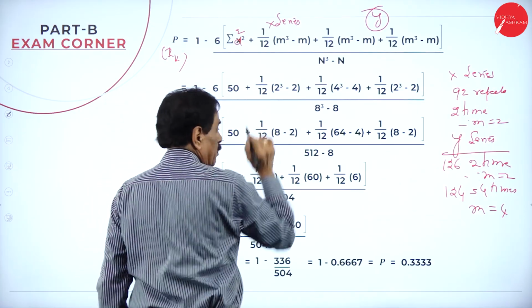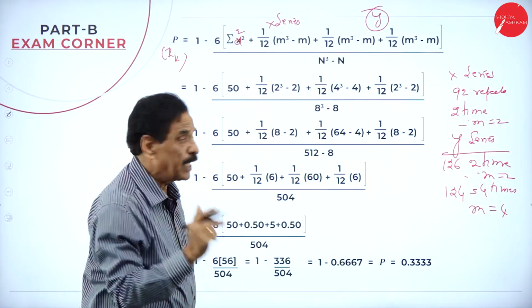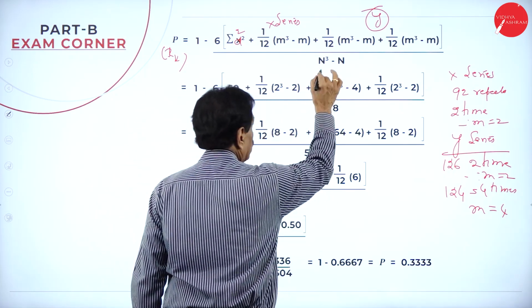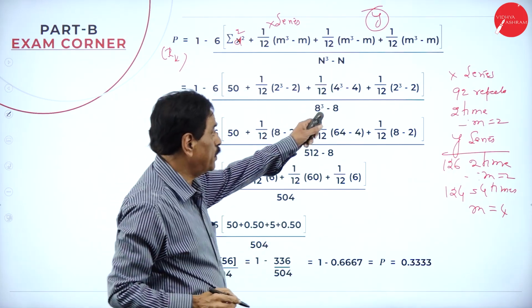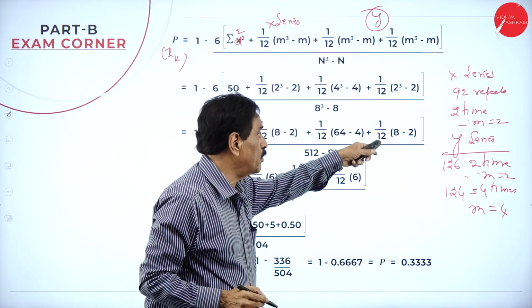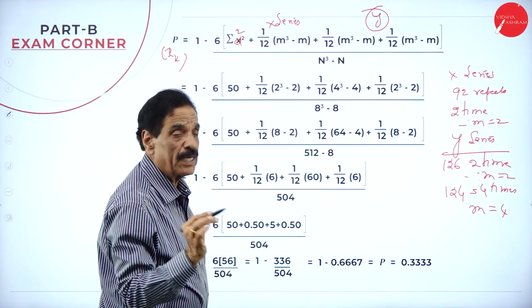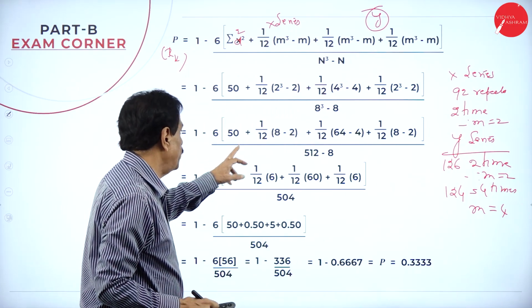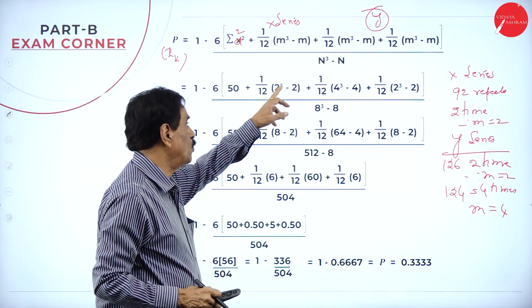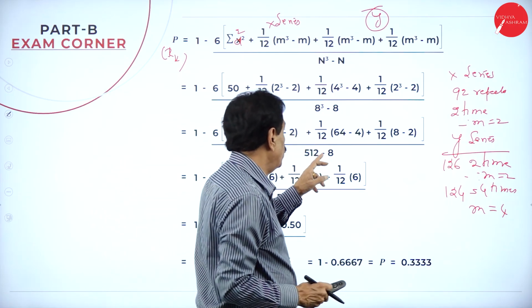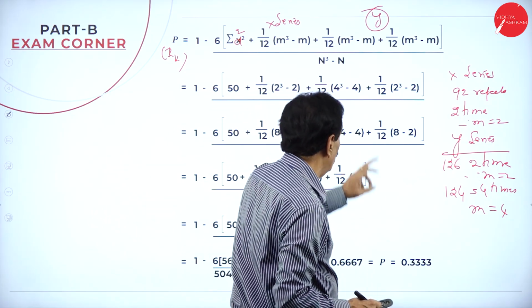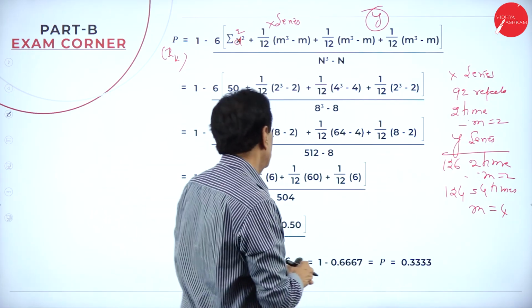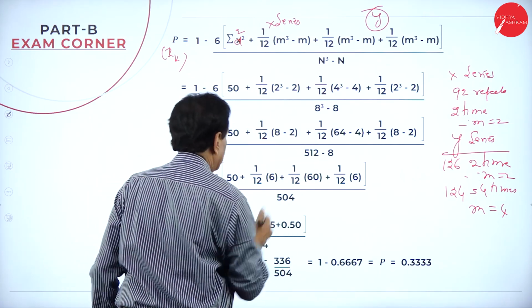plus 1 over 12. So in the x series repeats 2 times: 2 cube minus 2, plus 1 over 12. 4 times repeats: 4 cube minus 4, 1 over 12, 2 cube minus 2. 8 items are there, 8 cube minus 8. So 1 minus 6, 50, 1 by 2, 2 cube is 8 minus 2, 1 by 2, 4 cube is 64 minus 2, 1 by 2, 8 minus 2, divided by 512 minus 8.